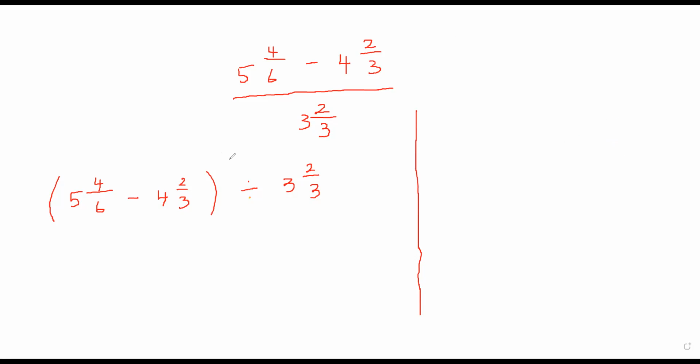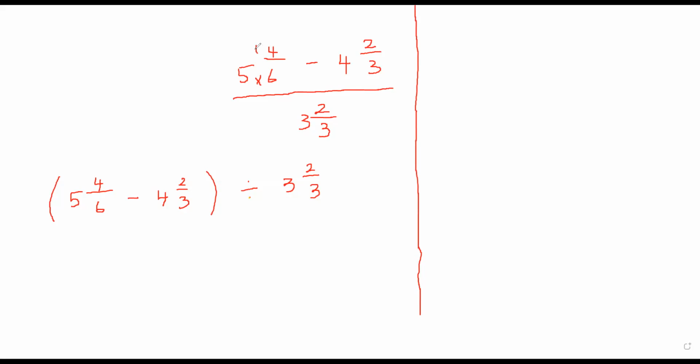So let's work the top first. When you notice there are mixed numbers, we convert the mixed numbers into improper fractions. So we have 5 times 6, which is 30, plus 4.